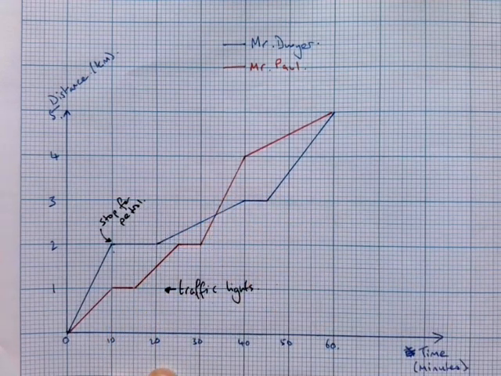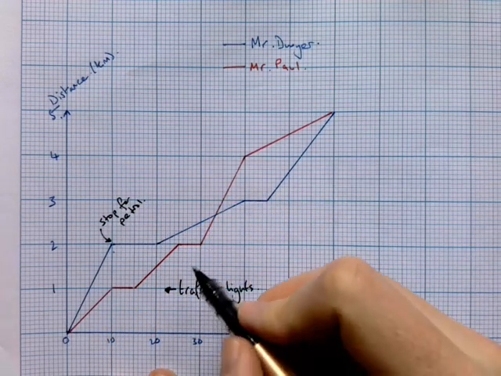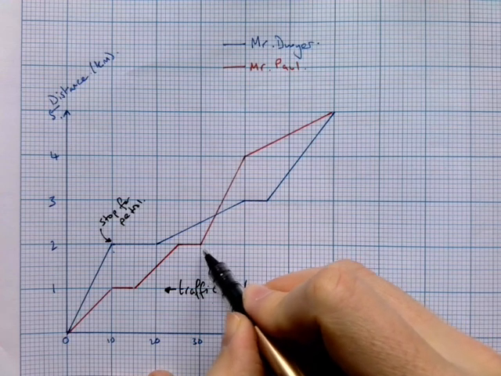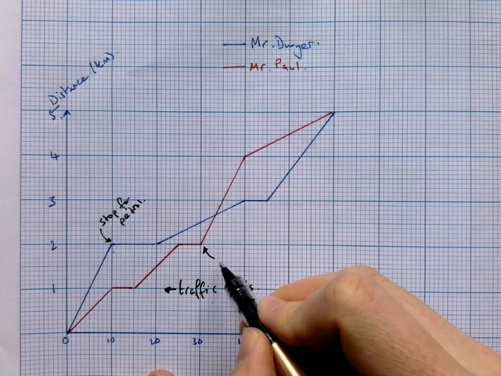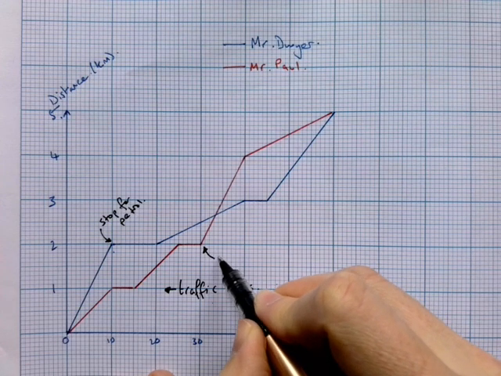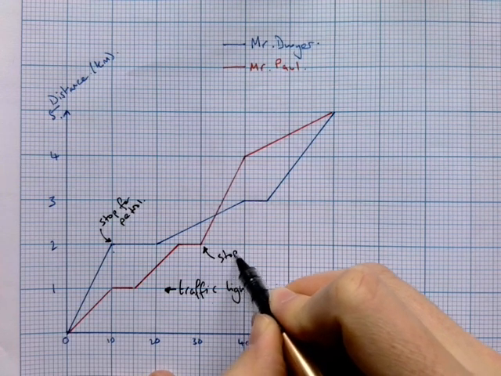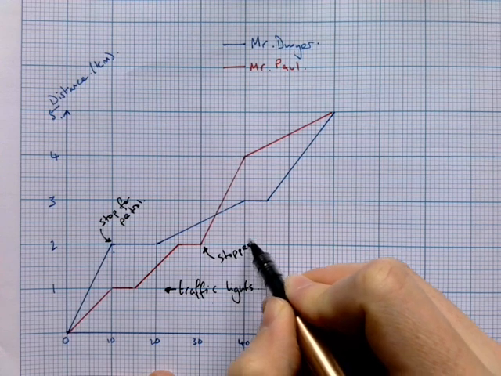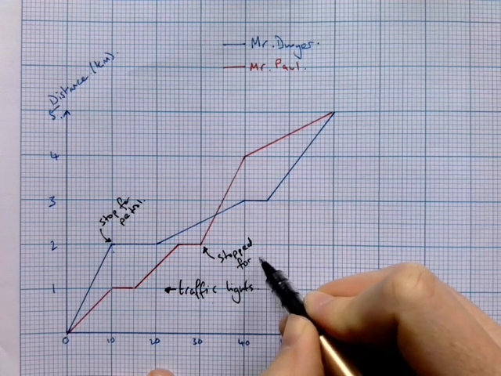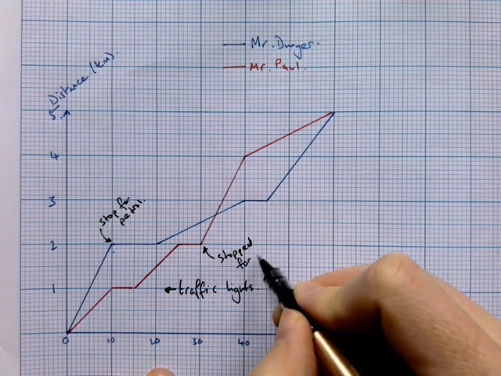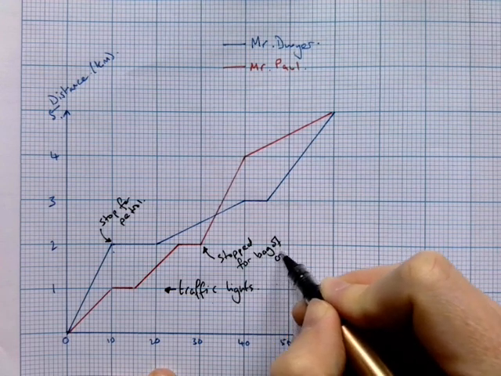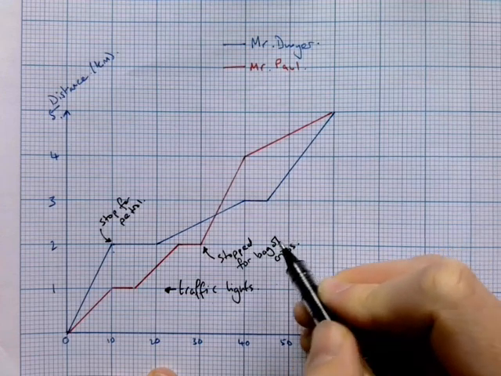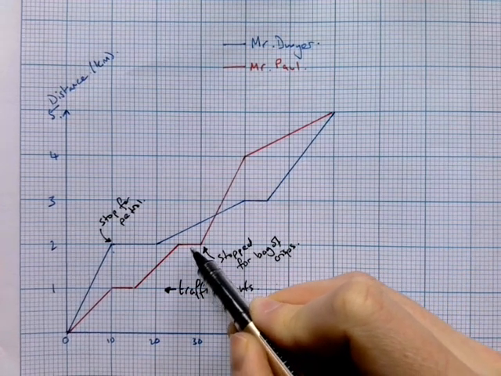Now, Mr. Paul stops as well, but he doesn't stop for as long. So he's not stopped for petrol. He might get himself a nice bag of crisps. Stop for a bag of crisps. That's why he hasn't stopped for as long as I have.